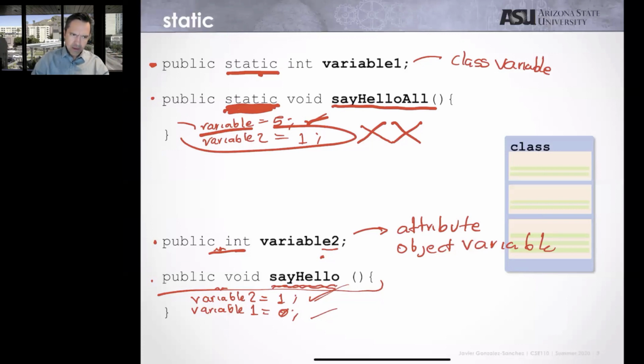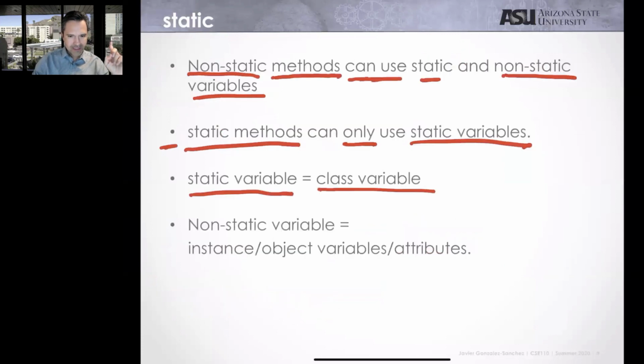Can you change? Yes, you can. But let me show you the consequences. Any variable can be static or non-static, but I need to show you what is the difference when you are running your program. So I'm going to show you in the next example.